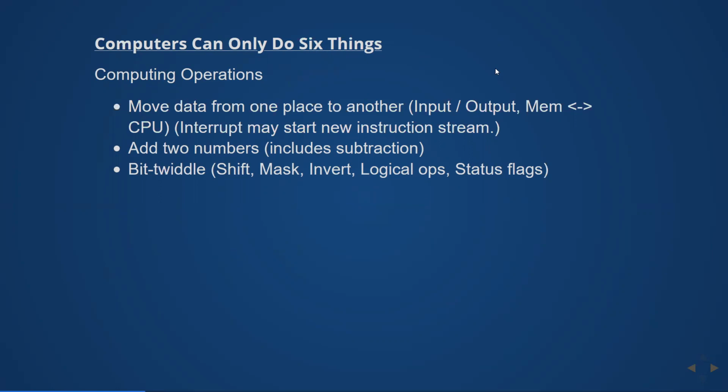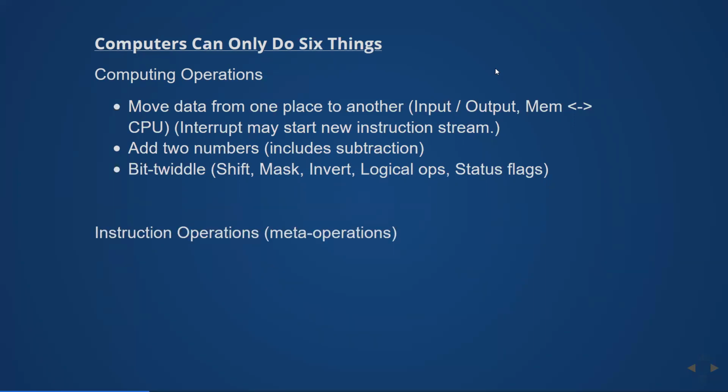It can mask them, it can invert them, it can do logical operations, and it can check status flags. Everything else you do on a computer is a combination of those operations. So multiplication, for example, is just a series of adds and shifts.